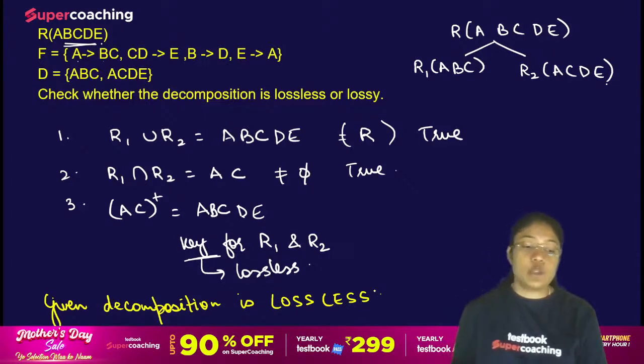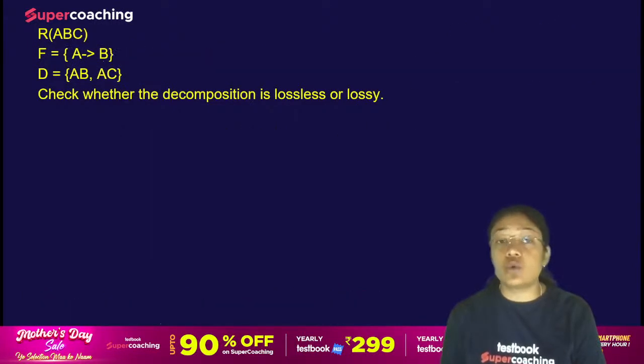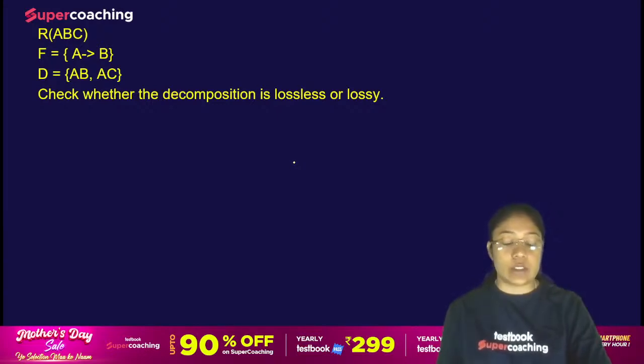So far, in all the examples we have taken, the relation is decomposed into two sub-relations only. So this is the last example on the same. And after that, we'll be going for the examples where the relation is decomposed into more than two sub-relations.